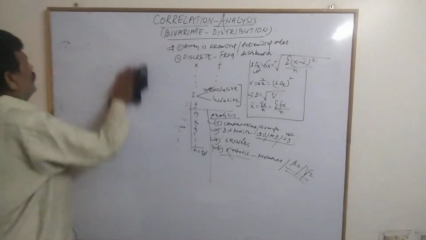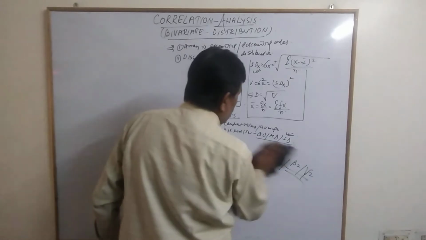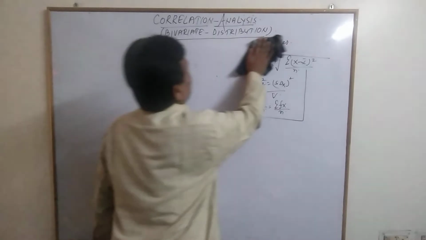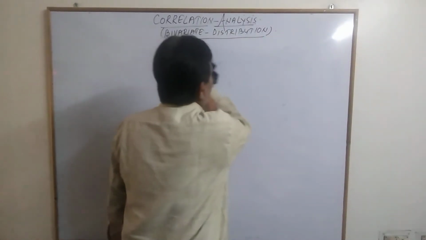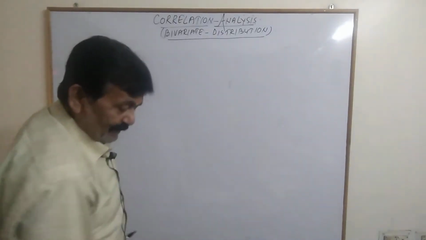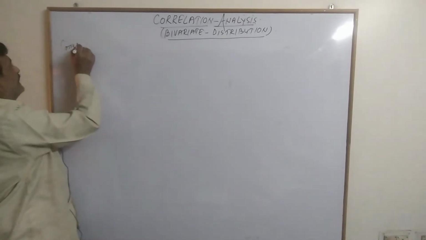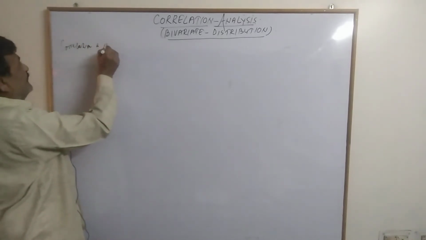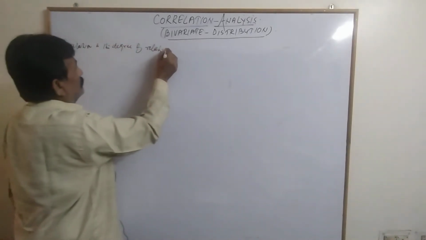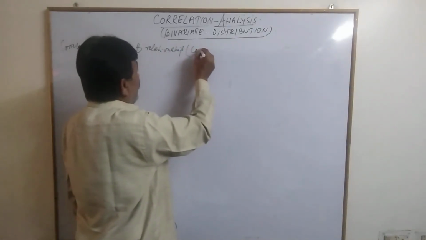What does correlation mean? Correlation, as the name suggests, defines a relation between two or more variables. So, correlation is the measurement of the degree of relationship between two or more variables. Now, this degree of relationship is a dubious word. Correlation is the degree of relationship, and this relationship is covariability.